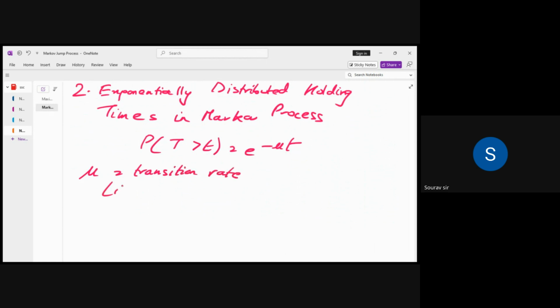That is the rate at which the system leaves the current state.